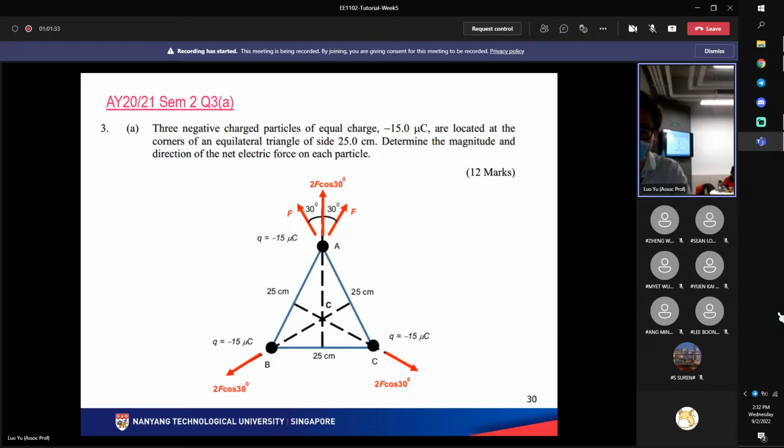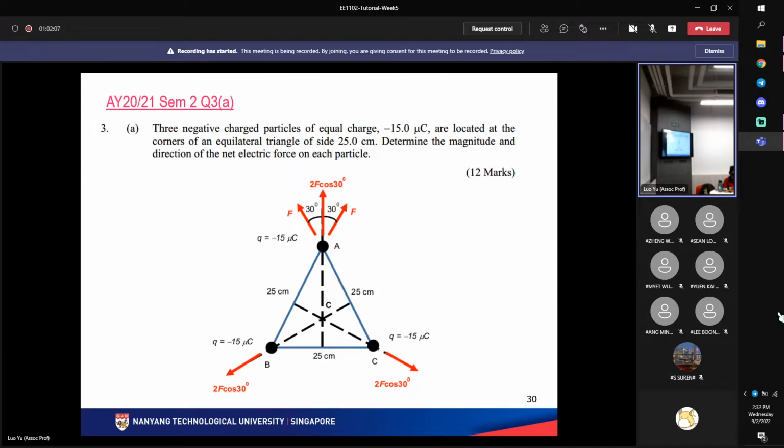Half of it is 30 degrees. So force F1 points in a direction 30 degrees with respect to the vertical. The same for F2 exerted by charge C. You can see the x components, one top left, one top right, cancel out each other. So their y component is F times cosine 30 degrees. Twice of it is 2F times cosine 30 degrees.